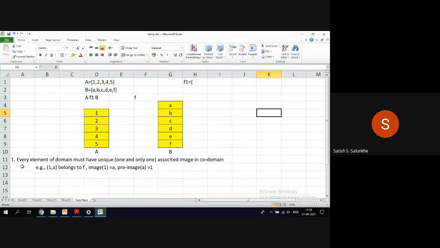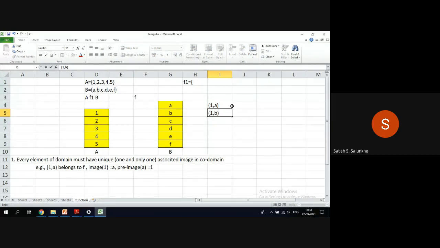So point number 1: every element of the domain must have a unique associated image in the codomain. When I say unique, it means one and only one. When you have 1 related to a, you cannot have another element also related from 1.